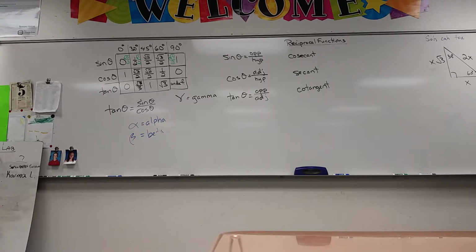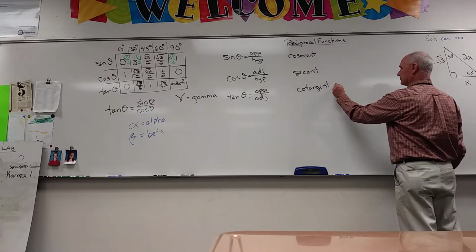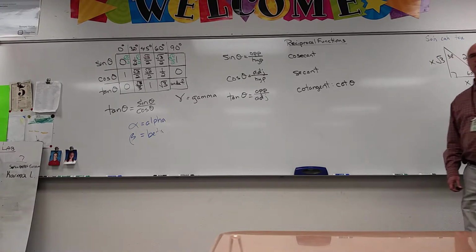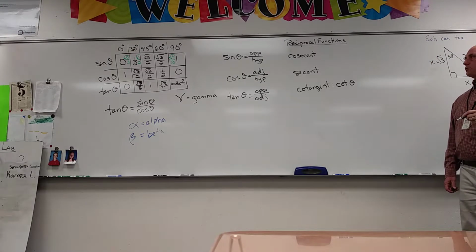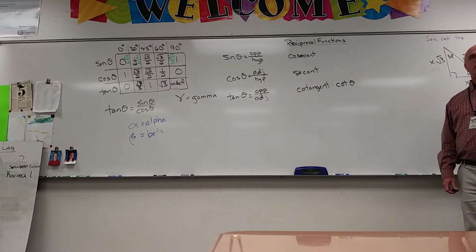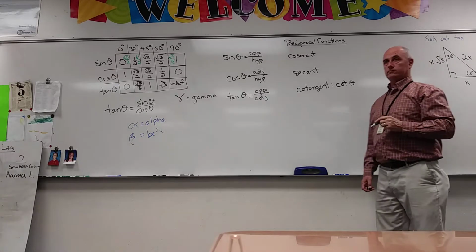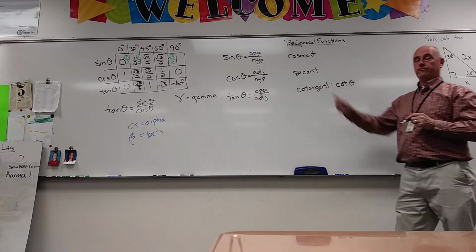Cotangent, you want to take a guess at the abbreviation for cotangent? COT. These 3, cosecant, secant, and cotangent, are the reciprocals of the functions that they are right next to. That's why I put them in this order.